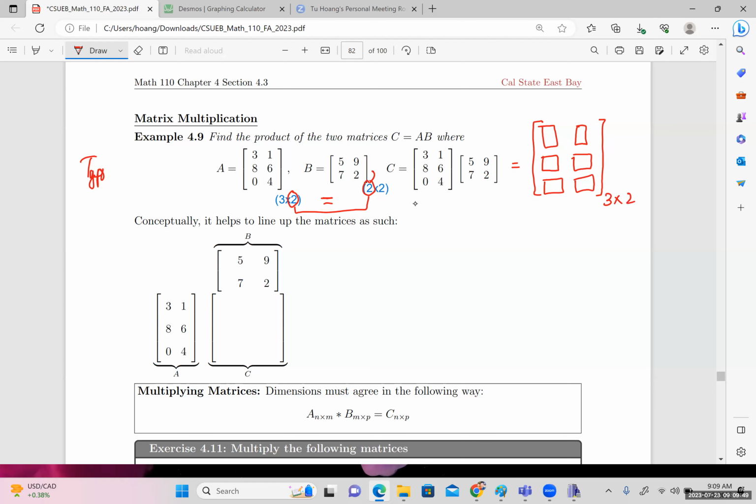You see that it was 3 by 2 here, 2 by 2 here.